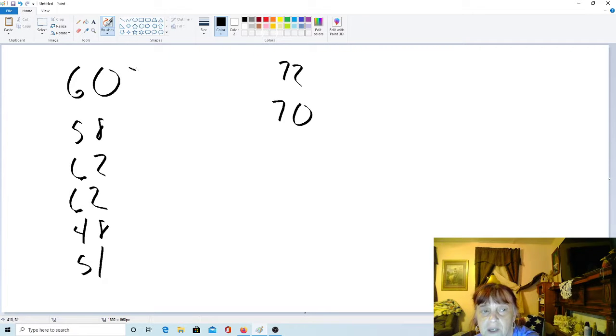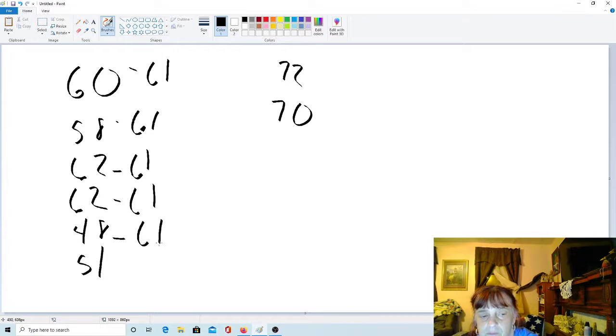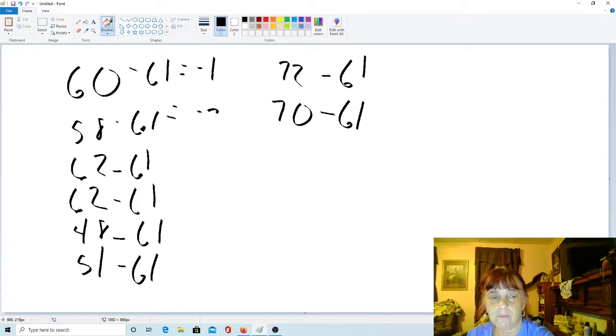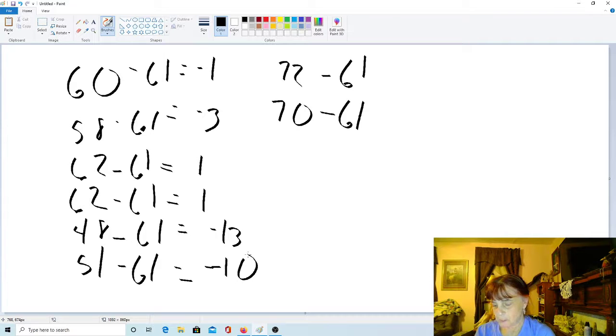And we found 61 to be the mean, so subtract 61 from every number. 60 minus 61 is negative 1. 58 minus 61 is negative 3. 62 minus 61 is 1. 67 minus 61 is 6. 48 minus 61 is negative 13. 51 minus 61 is negative 10. 72 minus 61 is 11. 70 minus 61 is 9.